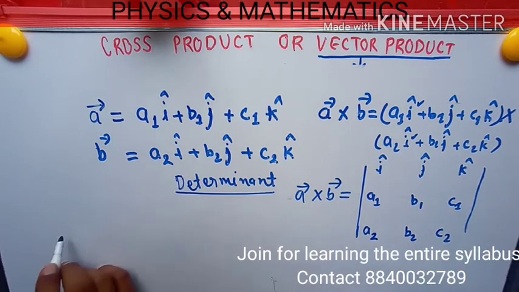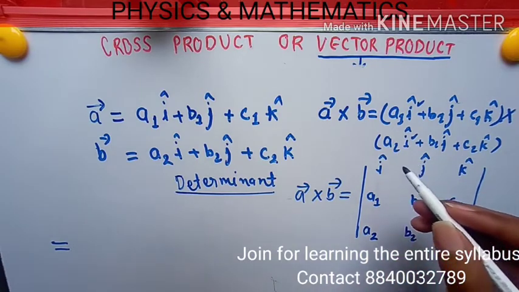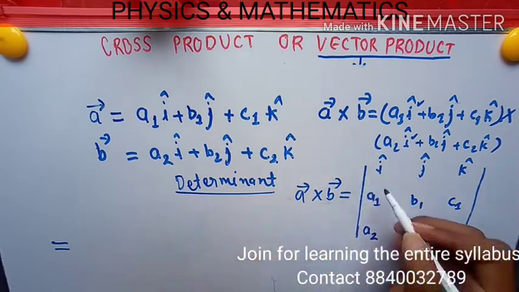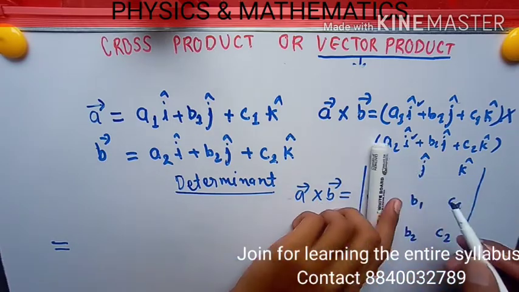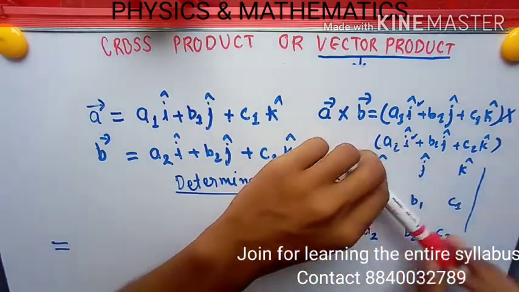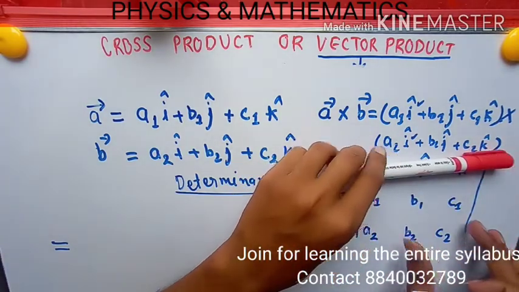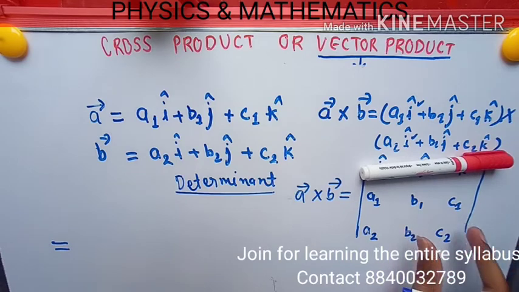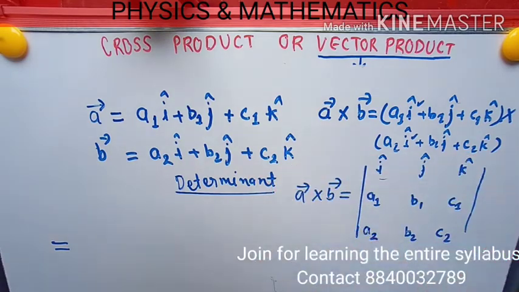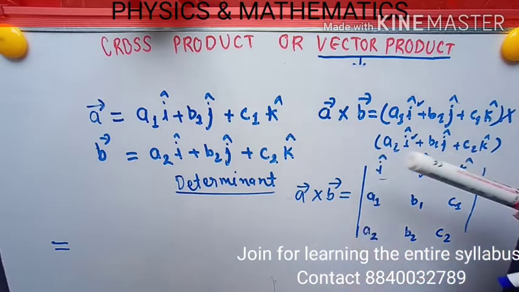Now how to do this product? I'm using the space here. First of all, if you are writing for i, then you have to hide this row and this column, and the entire remaining thing on the board you will multiply and subtract. Again, you have to hide this row and this column.